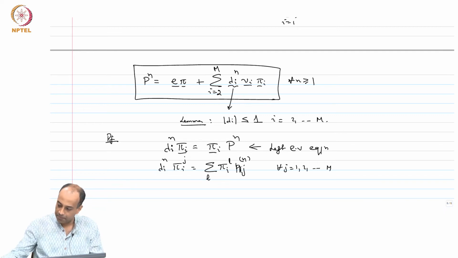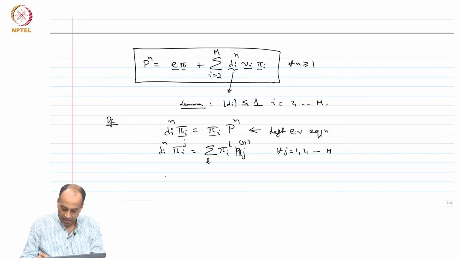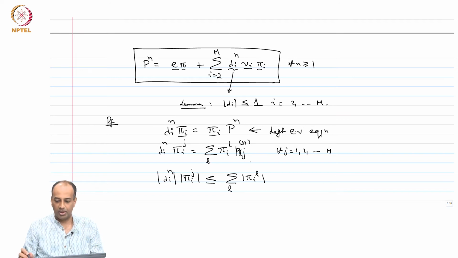From this we can get, maybe I should put absolute value, the absolute value of lambda i to the n pi i j is less than or equal to the sum over l of the absolute value of pi i l, and the absolute value of P l j to the n is less than or equal to 1.